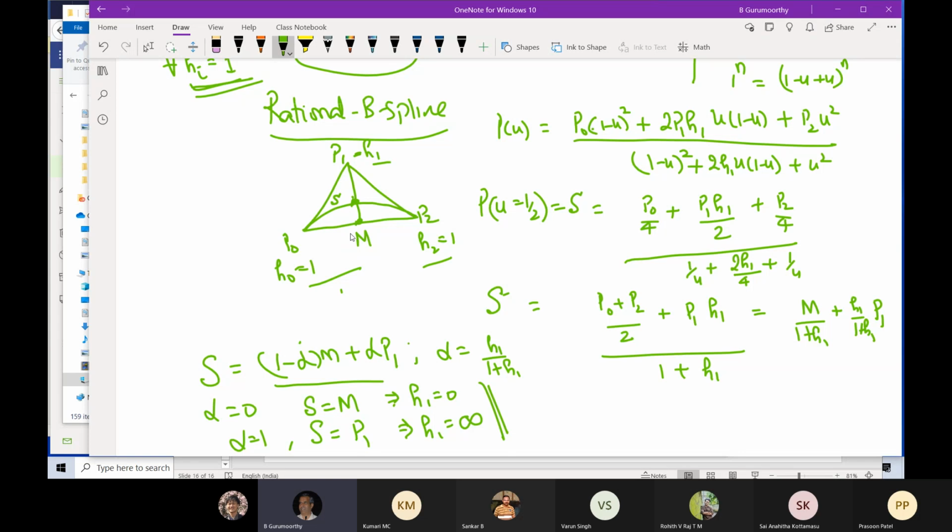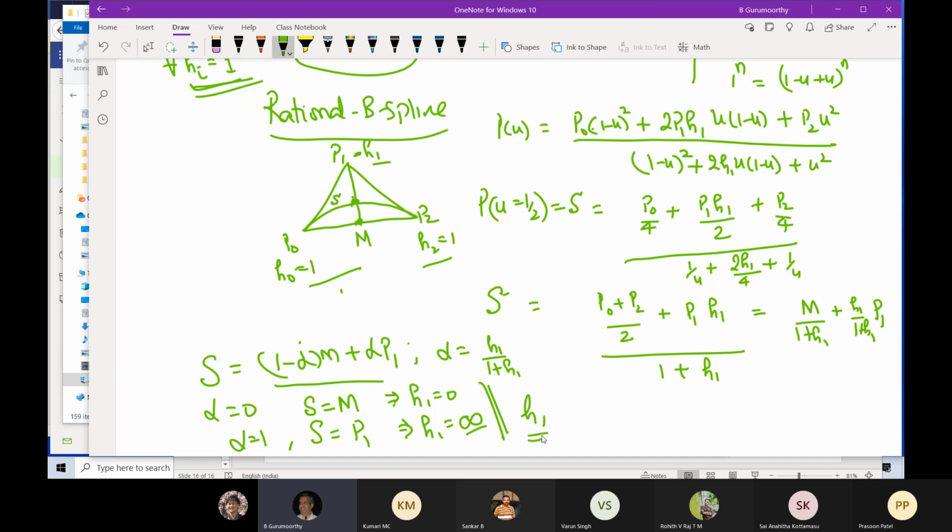Because if the curve has to be inside the convex hull, then it has to be within the triangle, and therefore the farthest it can be for the lowest value of h1 is this point here. And the highest, when h1 reaches infinity, it gets pulled through the point P1. So that's the significance of the homogeneous coordinates h1.